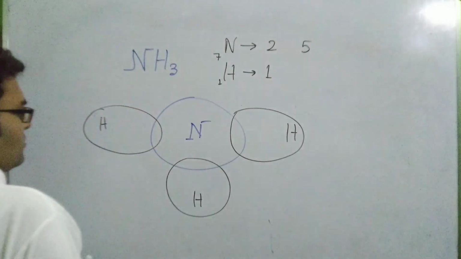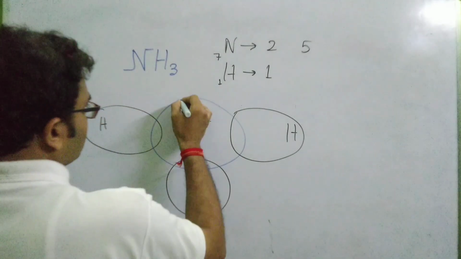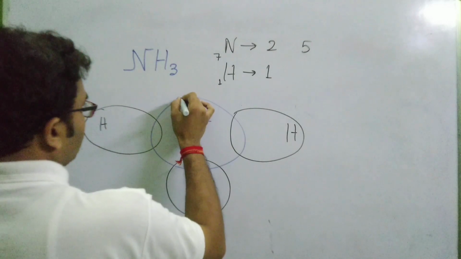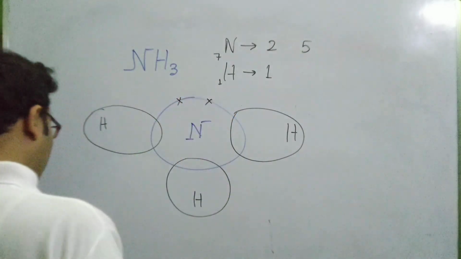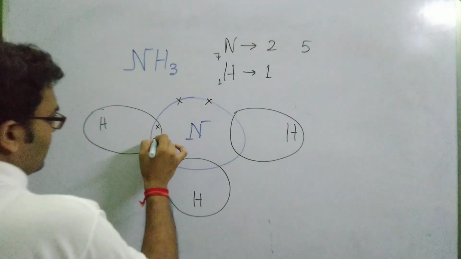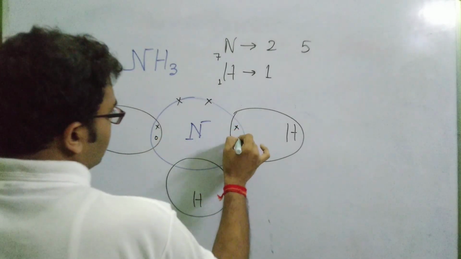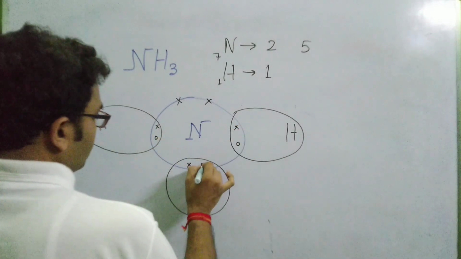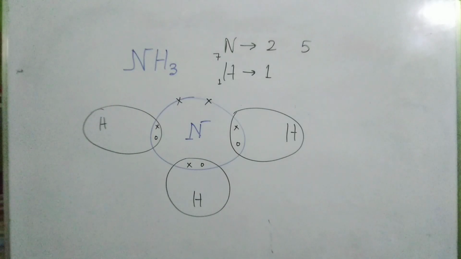Now the nitrogen atom has itself 2 free electrons in its outermost shell, 1 and 2, and another 3 electrons are shared by the nitrogen atom with the other 3 hydrogen atoms. So if you consider the hydrogen atoms individually, they have 2 electrons in the outermost shell. The 2 electrons are present in the common space, whereas the nitrogen atom also has 8 electrons.